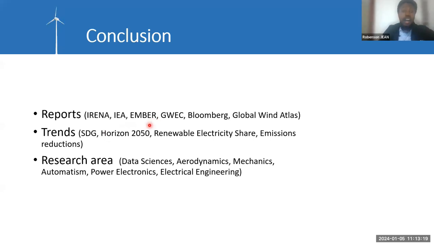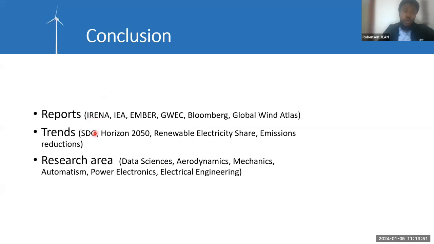All of these are organizations that release an annual report, and we have the Global Wind Energy Council. We have Bloomberg, the Global Wind Atlas. So they have a very interesting yearly report, and sometimes it is a report on the first half, the second half. So they are very interesting.